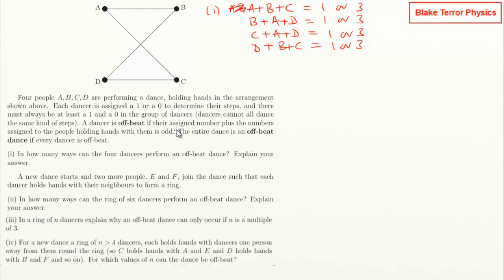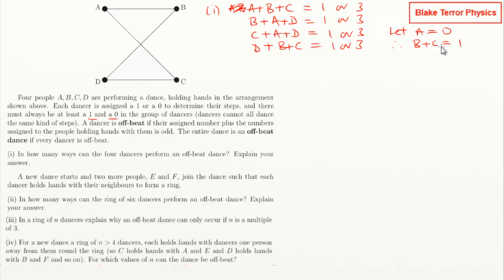So we have to have, what did it say? We have to have at least a 1 and a 0 in every group. So let's go with, let A equal 0. So at least we've got 1, 0 in there. So therefore we've got B plus C equals 1. Well, it can't equal 3.